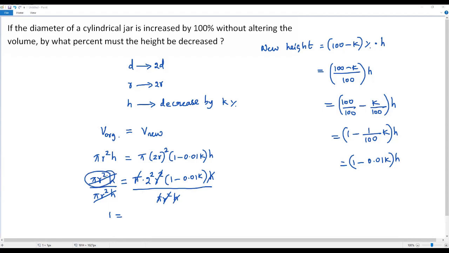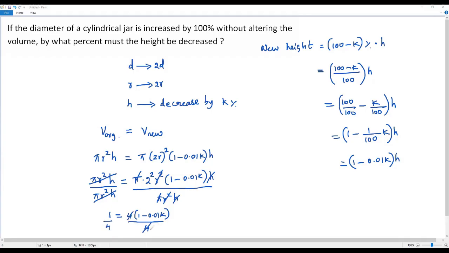On the right side, 2 square is 4 times 1 minus 0.01 K.